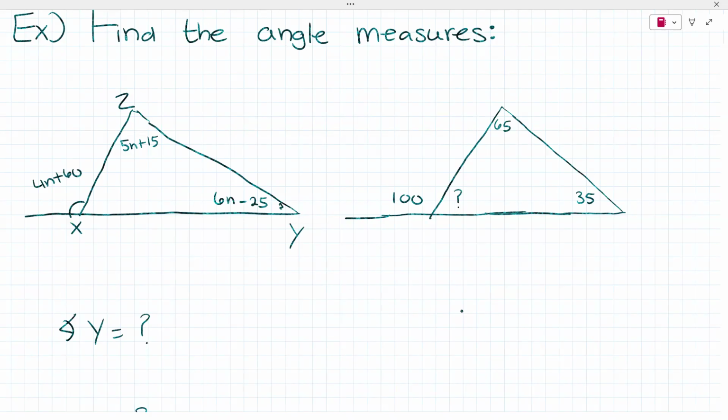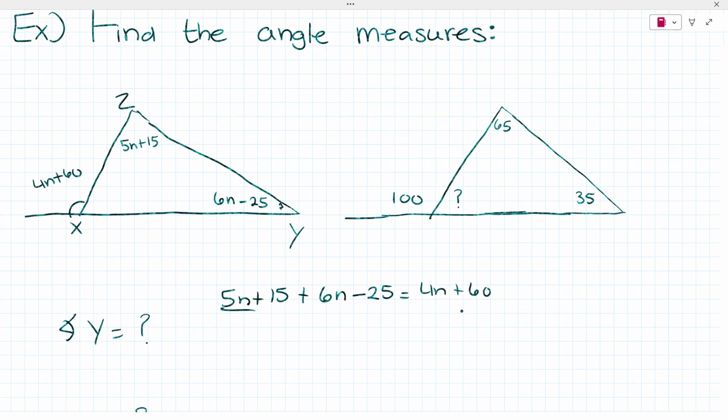I need to somehow figure out what n is. So what do we know? We know that maybe 5n plus 15 plus 6n minus 25 equals angle x, right? And so let's do that. We know that 5n plus 15 plus 6n minus 25 equals angle x, which is 4n plus 60.